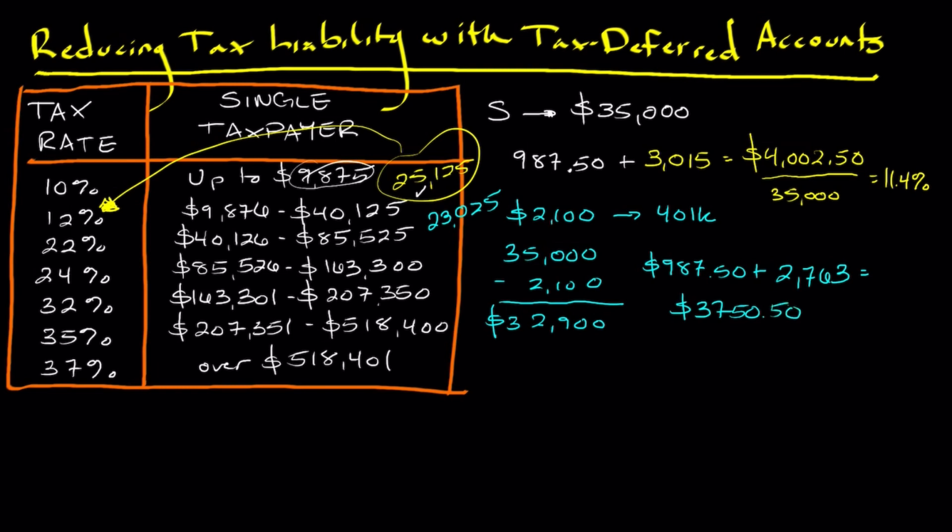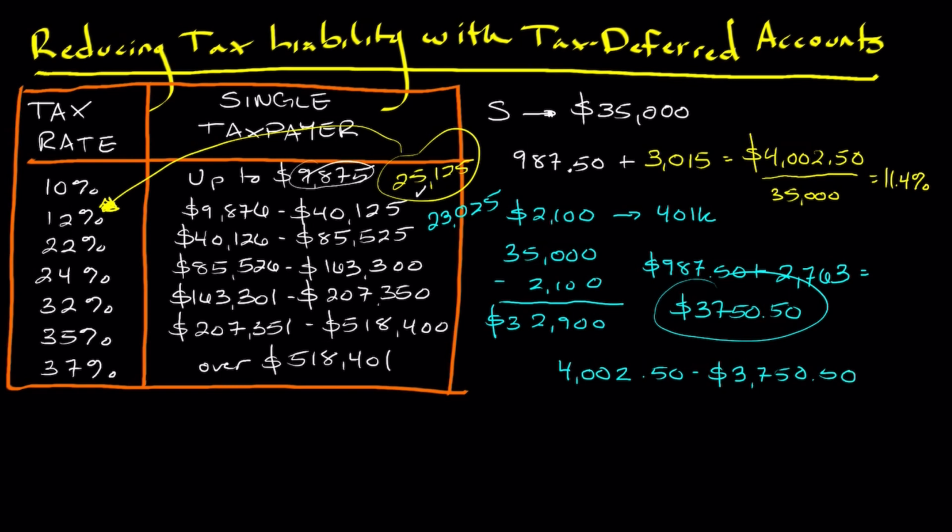which is going to give us a total tax liability of $3,750.50, or if we divide that by our adjusted gross income, 11.4% or so. So if you look at this, the original tax of $4,002.50, by contributing to our 401k, we have essentially reduced our tax liability by the difference between that and $3,750.50.